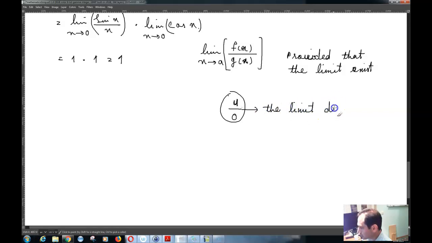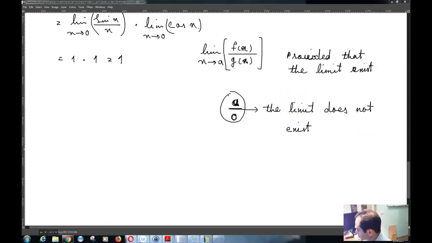So if you get to this form, some number a divided by 0, then you can simply say that the limit does not exist, and you have to abort the process, meaning that you just stop there.